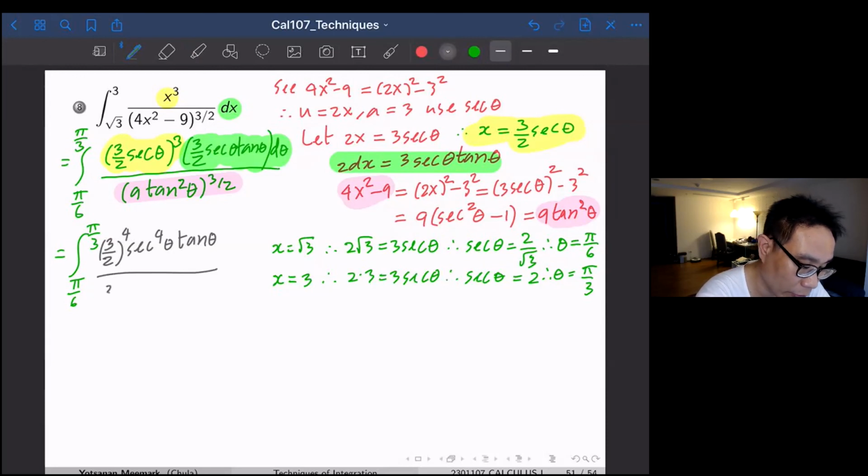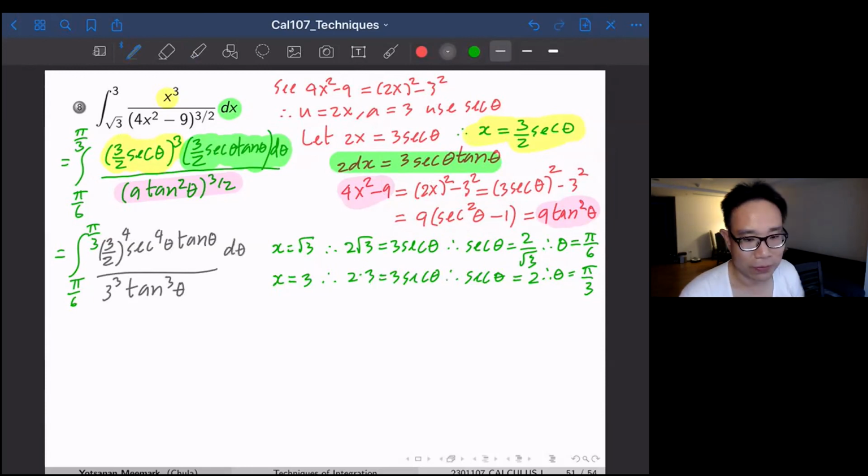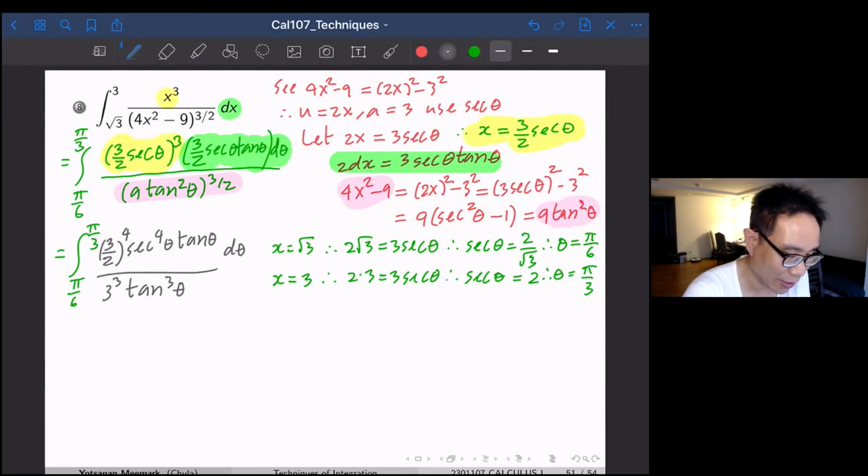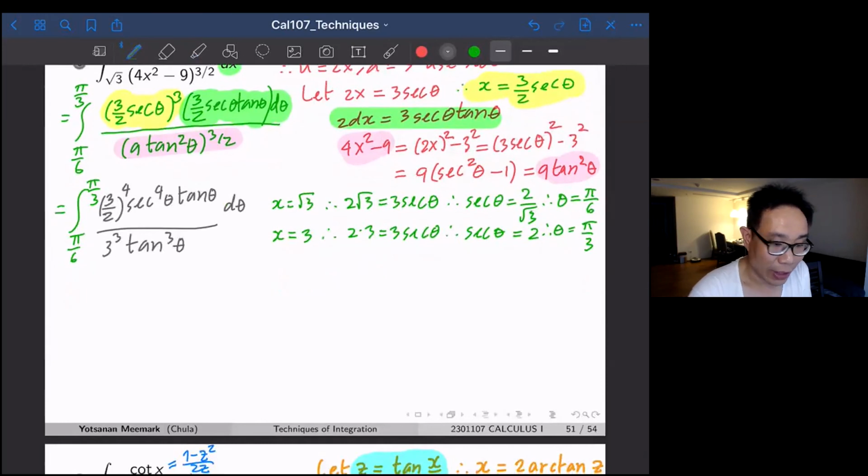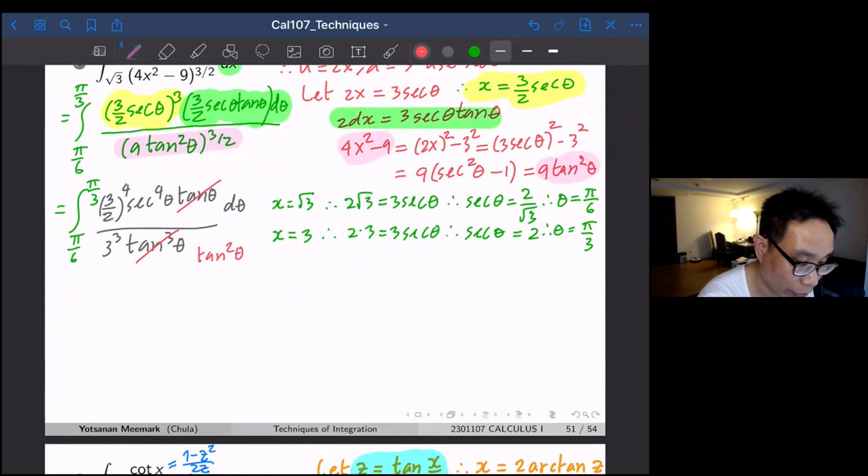So it's going to be 3 cubed, and this one is going to be tan to the third, and d theta is d theta. Okay, so everything turned out to be nice now, and you have to do some algebra. For this one, you get tan squared on the bottom, and you have secant to the fourth.